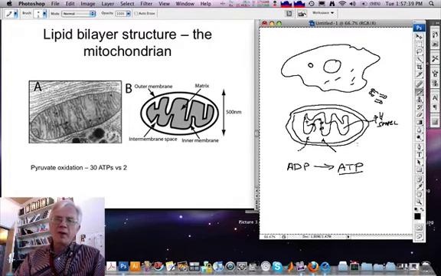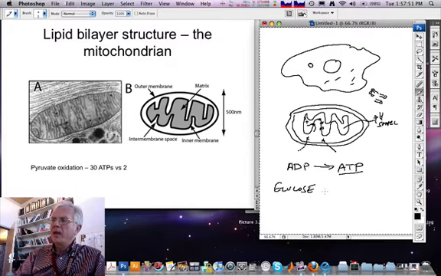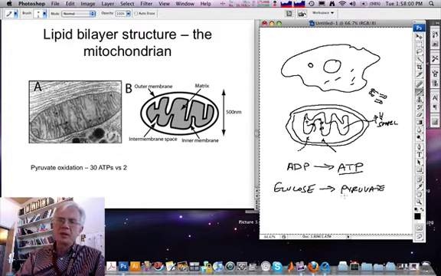Prior to the invasion of cells by mitochondria, presumably millions of years ago, animals could only metabolize glucose to a somewhat less complicated sugar called pyruvate. And the consequence of this oxidation was to generate about 2 ATP molecules.